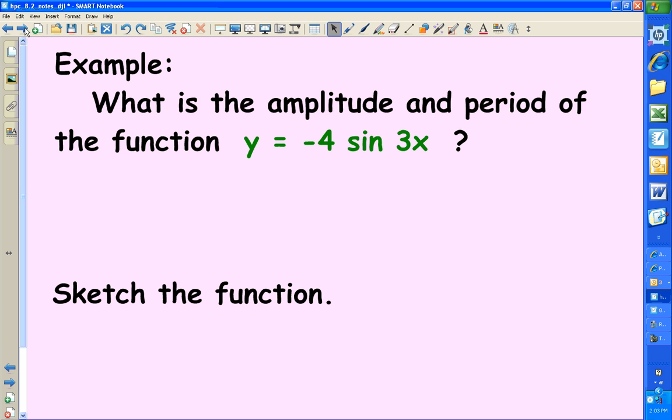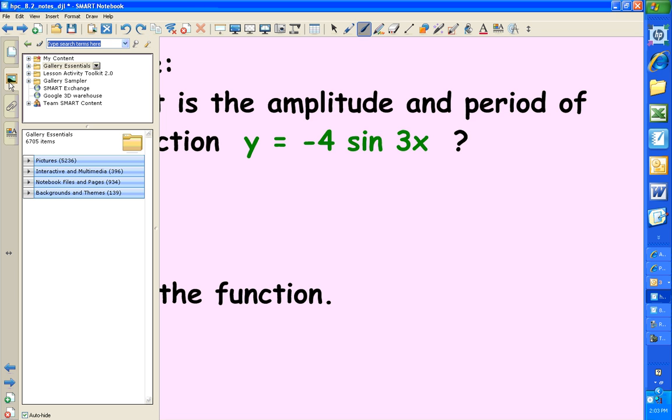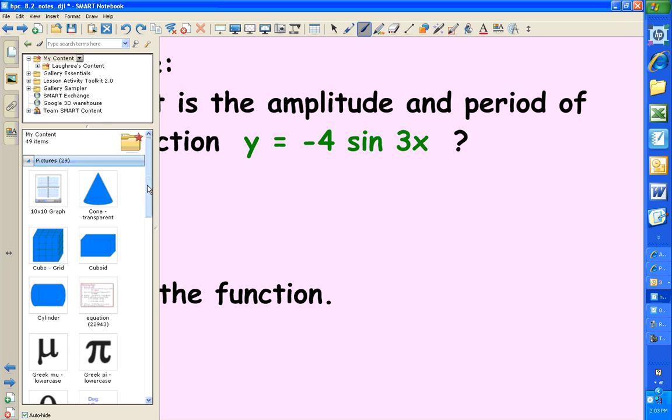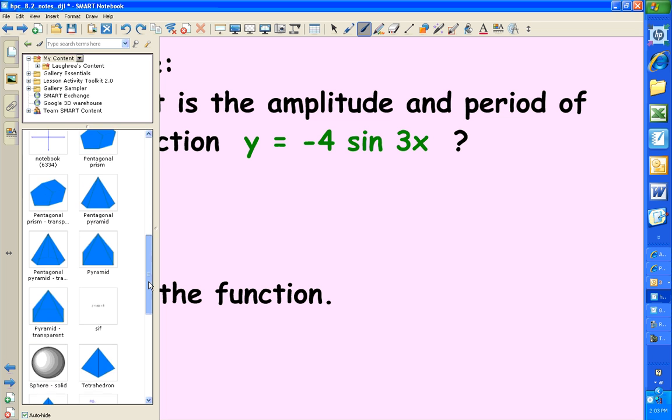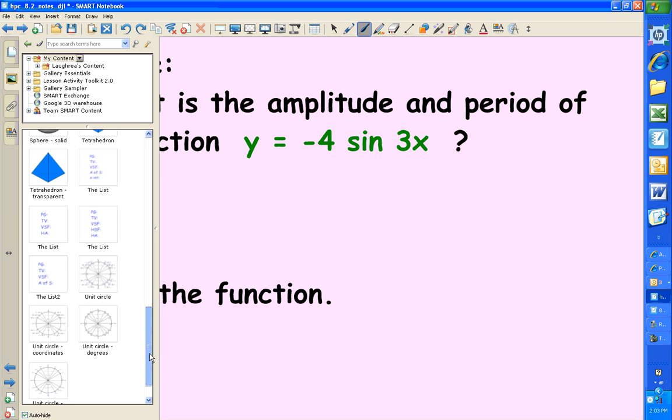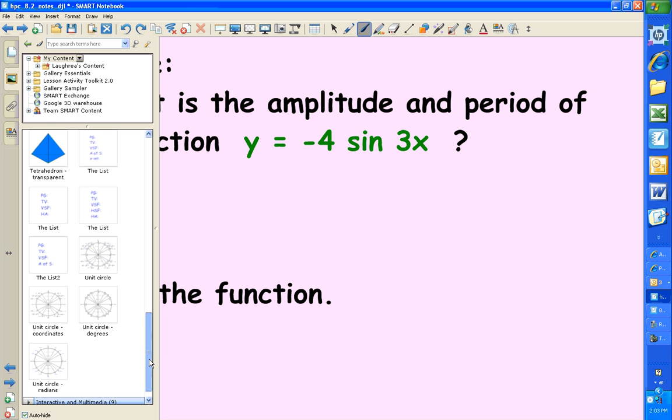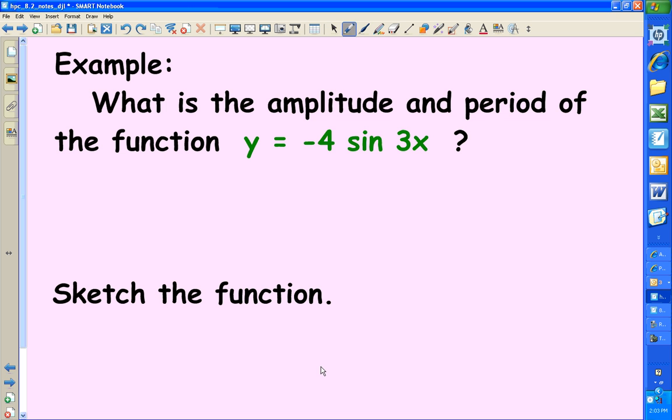So if I'm going to graph this, my parent graph is y equals the sine of x. The vertical stretch factor is negative 4.